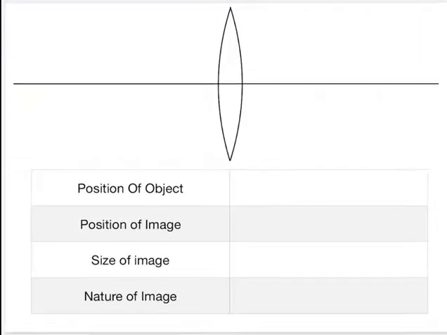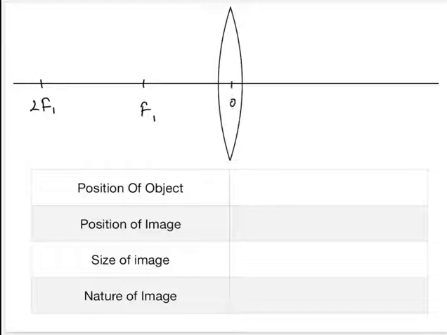Next diagram, next position, we bring the object closer than the previous one. Next, we will keep the object at 2f1. So the object is placed at 2f1.